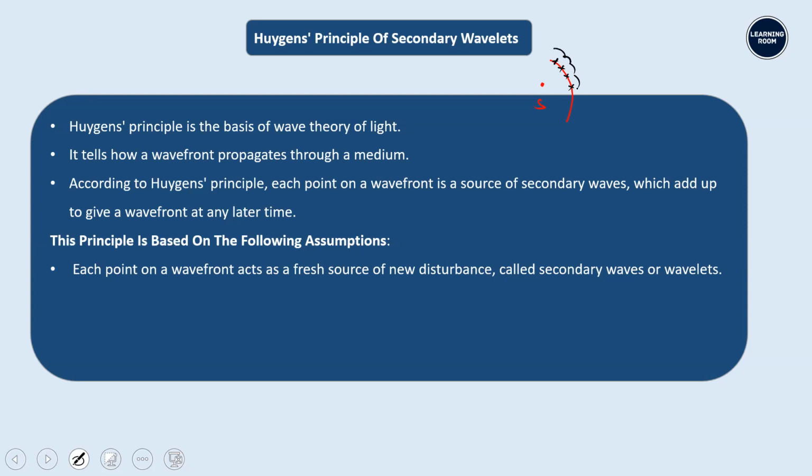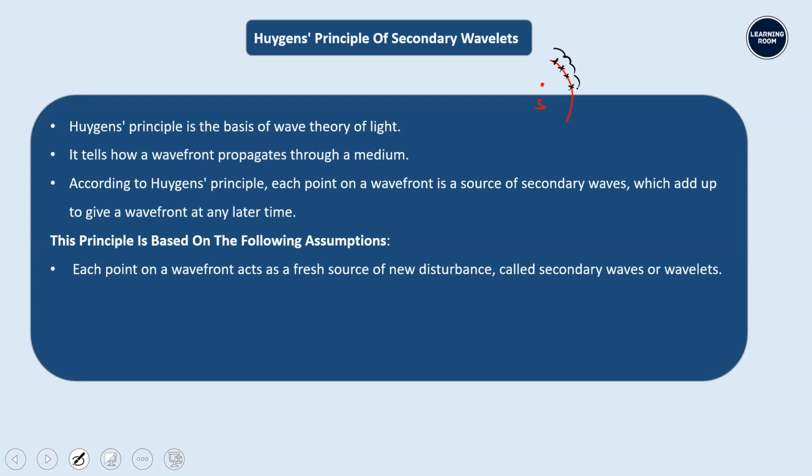Each point on a wavefront acts as a fresh source of new disturbance called secondary waves or wavelets. Note this point. The source has produced a red color curve, right? That red color curve is called a wavefront, generated by whom? By the point source.